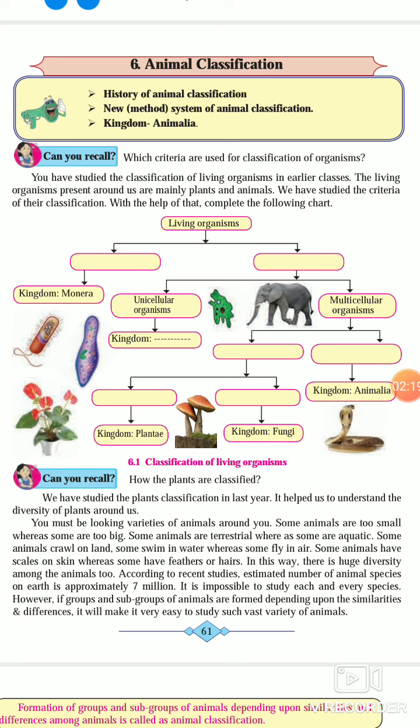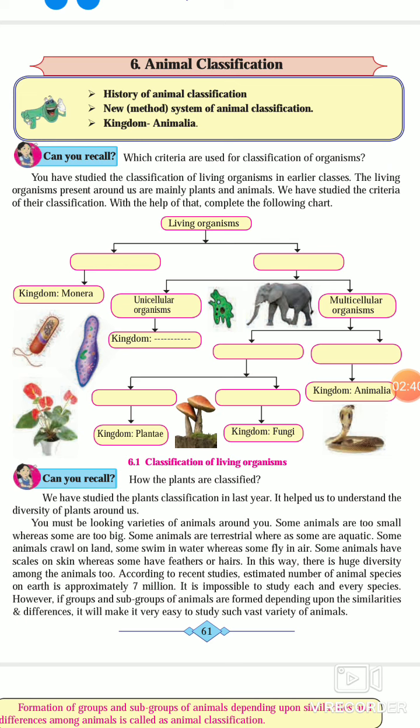We can fill this table on the basis of various criteria, such as on the basis of nucleus. Eukaryotes and prokaryotes will be the first classification of living organisms.